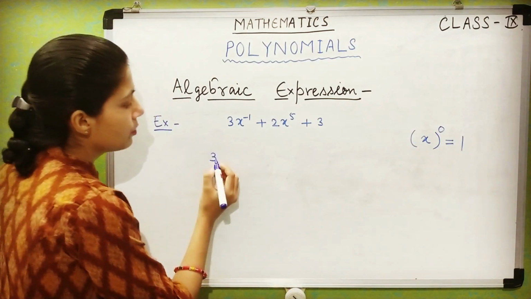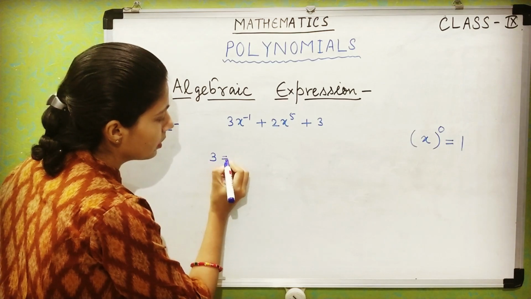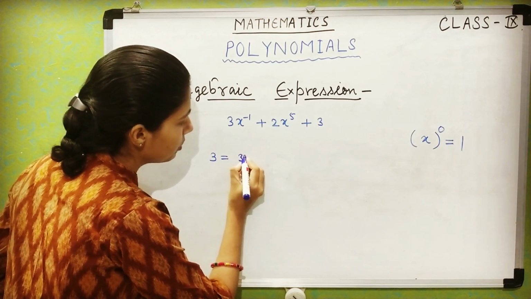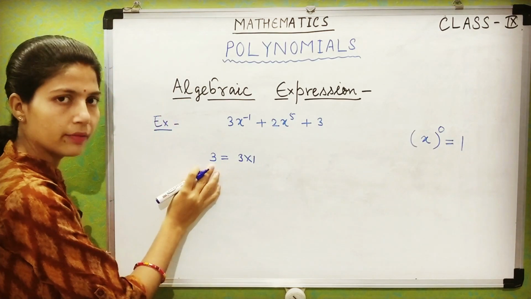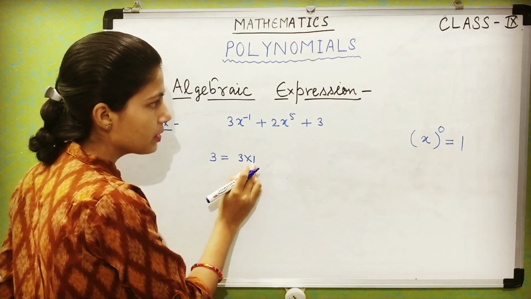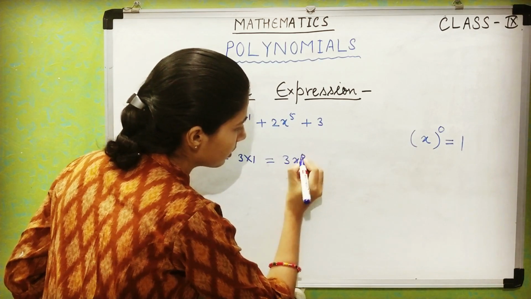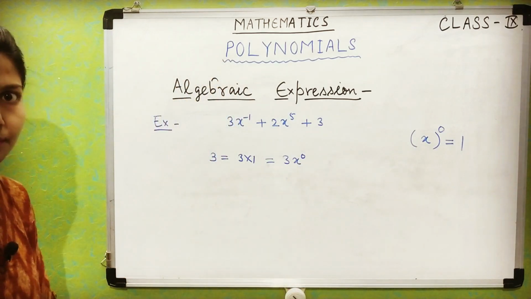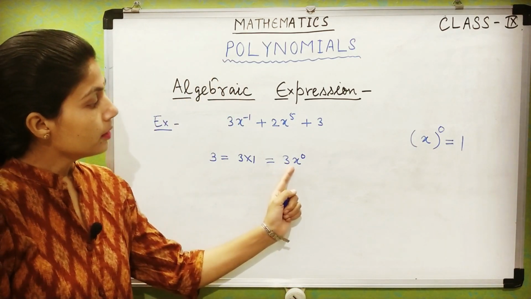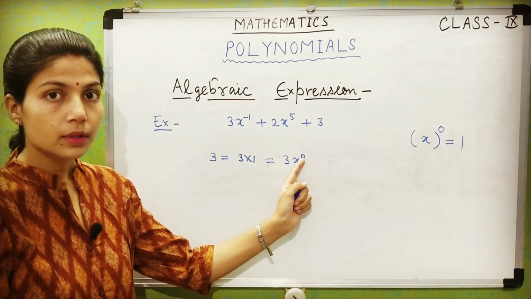So 3, we can write it as 3 into 1, that will be only 3. Okay, so in the place of 1 can we write x raised to power 0, that will be 1.